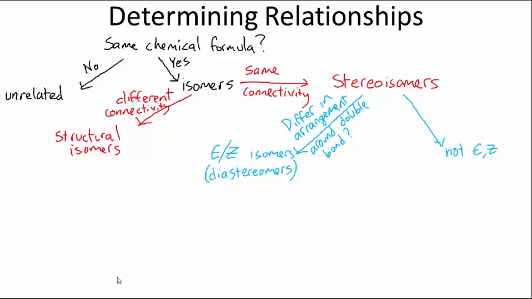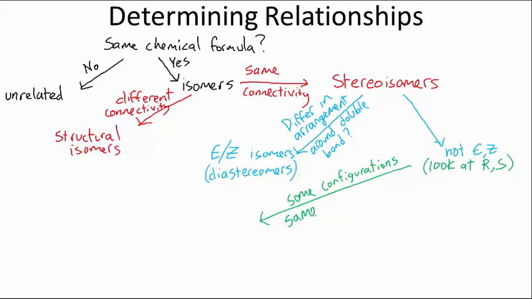So now we look at R/S configurations. If some are the same and some are switched, then they're diastereomers.